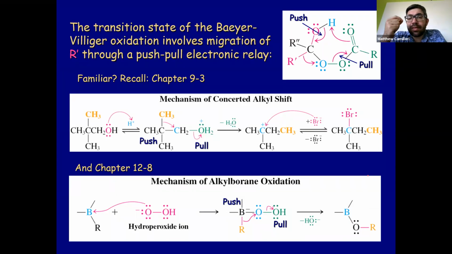We have seen these alkyl shifts in elimination reactions of alcohols, and we have seen them in carbocation formation. So the alkyl shift happens because you have something pulling on an alkyl group to make the molecule more stable. Okay, and that is very, very important.